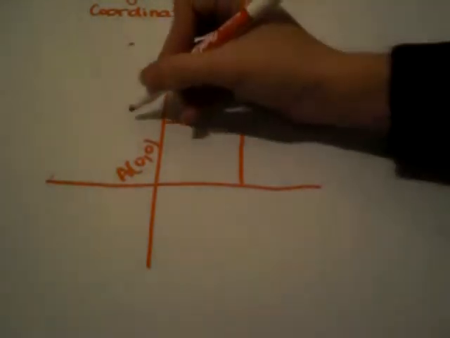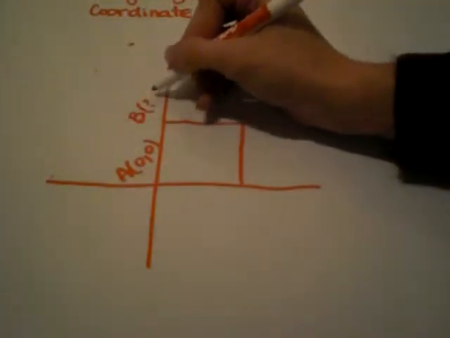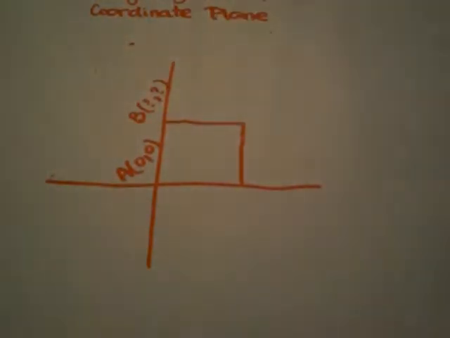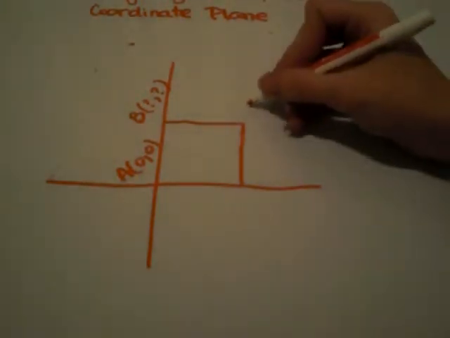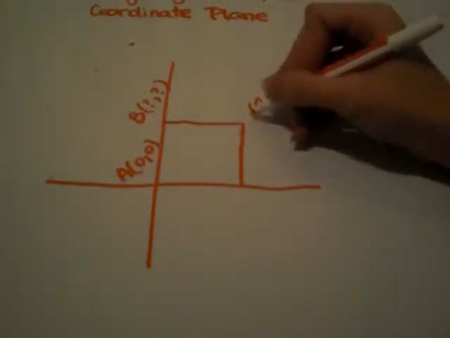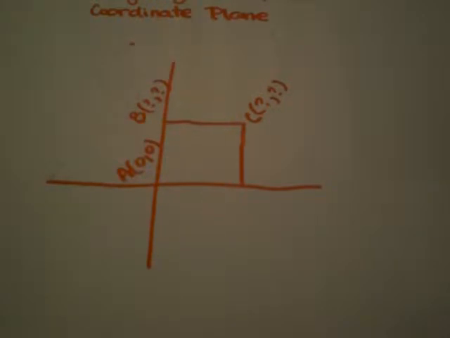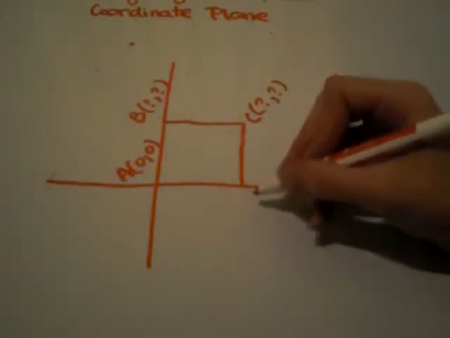B is 2 question marks. C is also 2 question marks. And D is labeled X, 0.